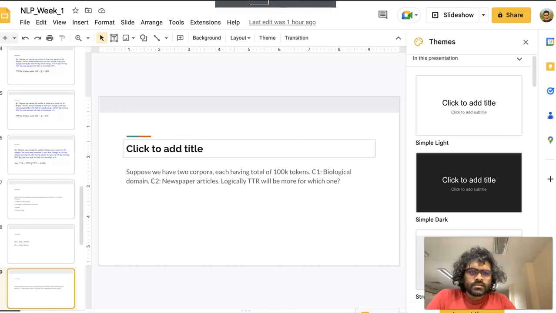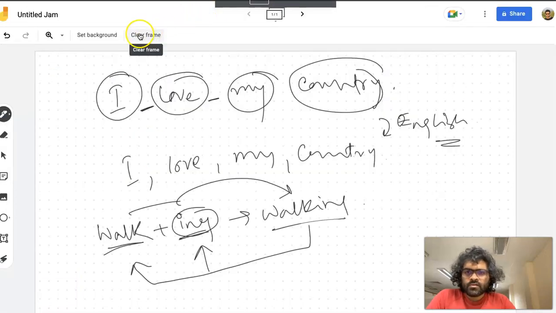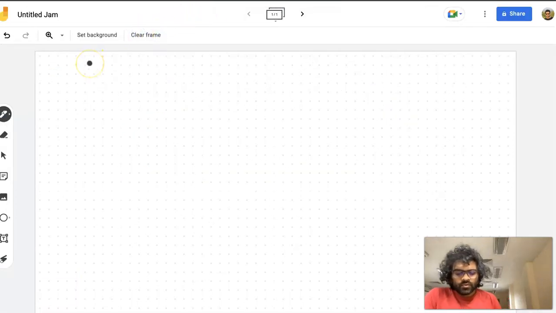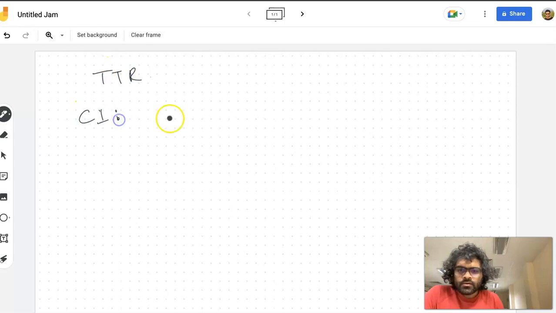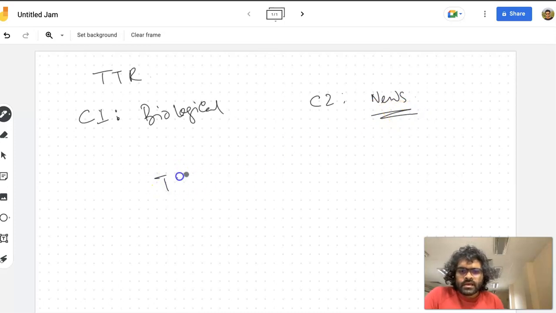Okay, let's go to the Jamboard, maybe there are people who are not getting this. So this is C1 corpora, it is related to the biological thing, and C2 is related to the news. Now what is TTR?